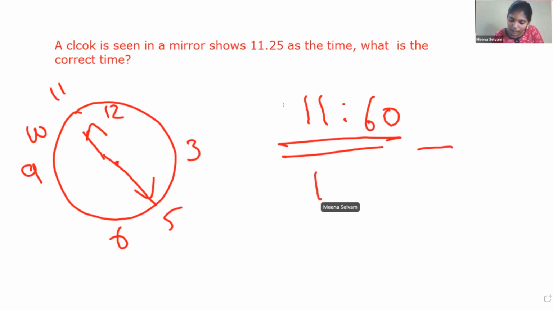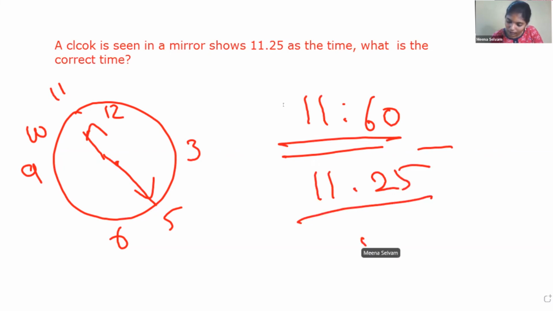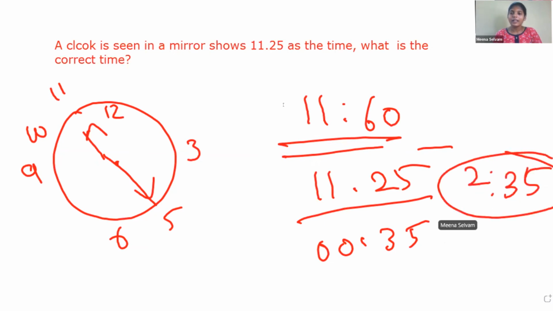1160 minus 1125. So this is nothing but 35. Yes, so 0035. 00 is nothing but 12 o'clock. So 12:35 is the correct time when the mirror shows 11:25. Okay, when you subtract this, you are getting 0035.